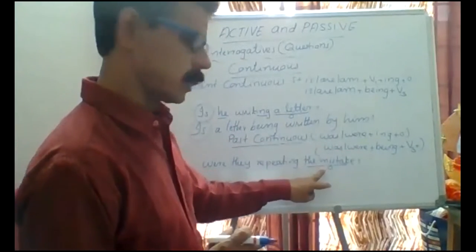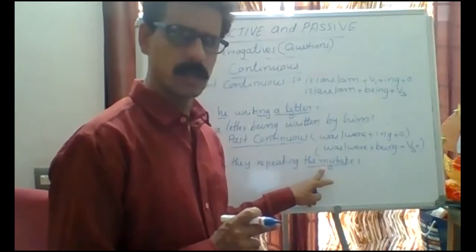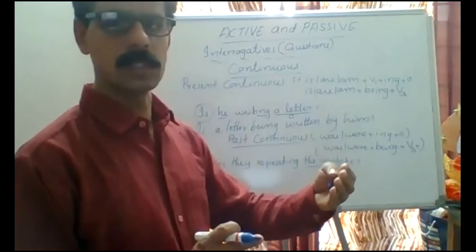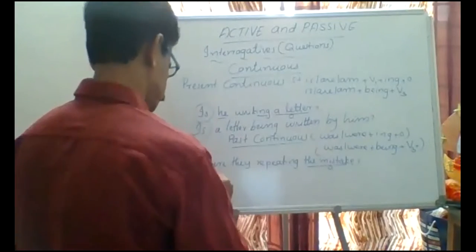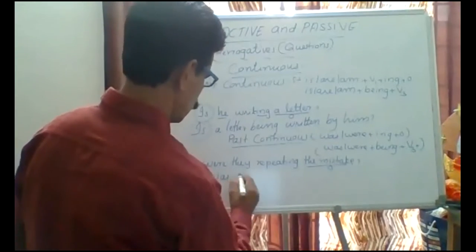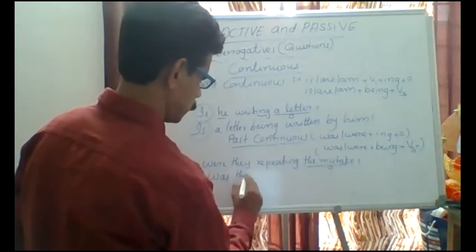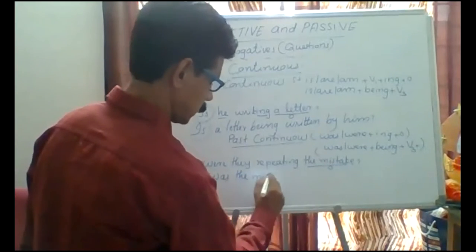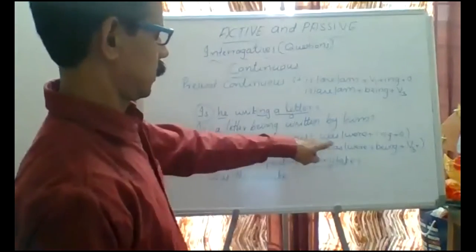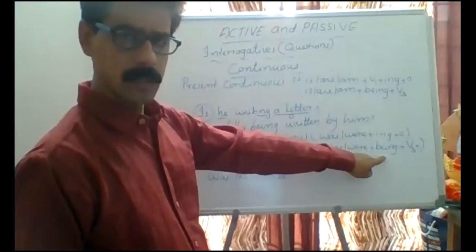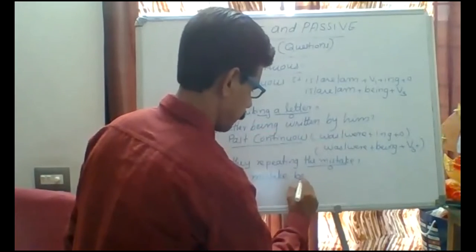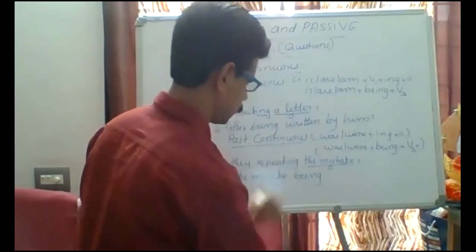Now the mistake will be the subject in the passive voice, so we have to take the suitable one, that is was. The sentence can start with was the mistake. Here being is given, being we must place here. Was the mistake being?